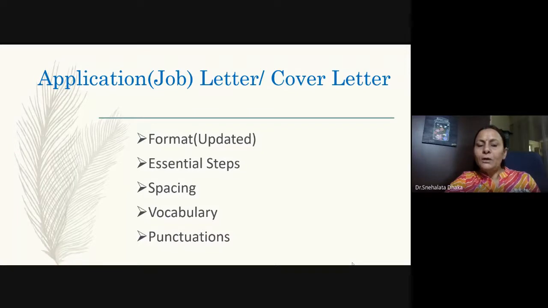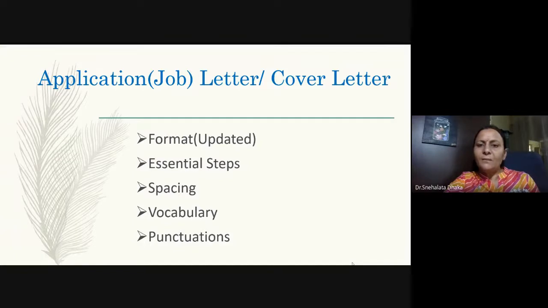And also there should be appropriate spacing between the various steps of a letter, so there could be a clear-cut difference that yes, now the next step is starting, or this is a different information.